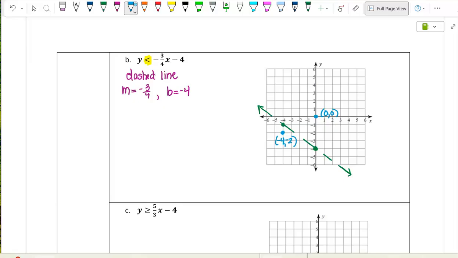Even though I can pick any points, I do want to pay attention to that if my slope is in a fraction form, I want to pay attention to that denominator. And again, it just makes the math easier for me. So I have the point 0, 0 and the point -4, -2.